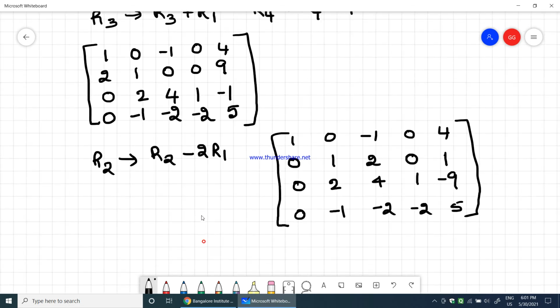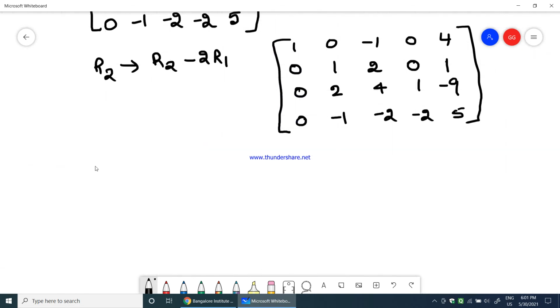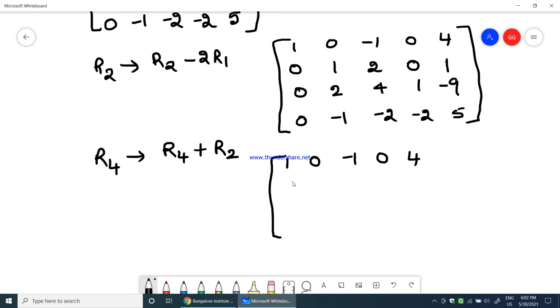Now I'll take R4 equal to R4 plus R2. So what will I get here? 1 0 minus 1 0 4, second row is 0 1 2 0 1, 0 2 4 1 minus 9.